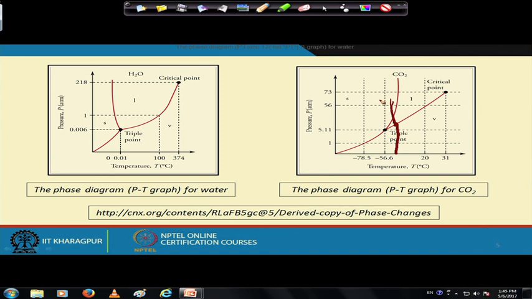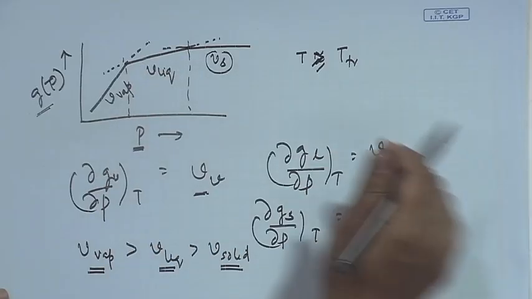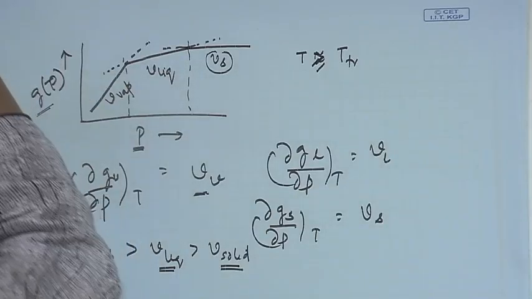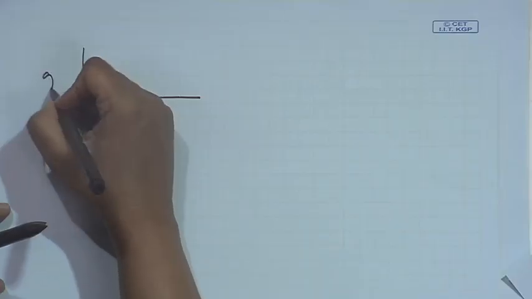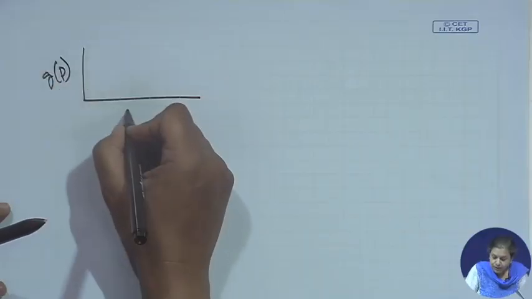For example, suppose instead of drawing it near the triple point, I try to draw it exactly at the triple point. In this particular case, do you expect the same nature of the graph to hold? What is the nature of the curve that you are going to get? G as a function of P.